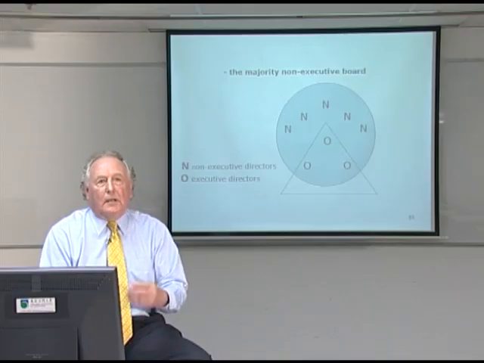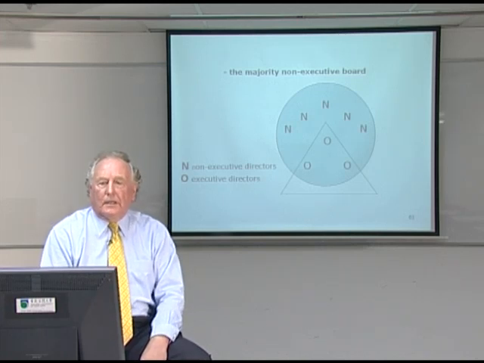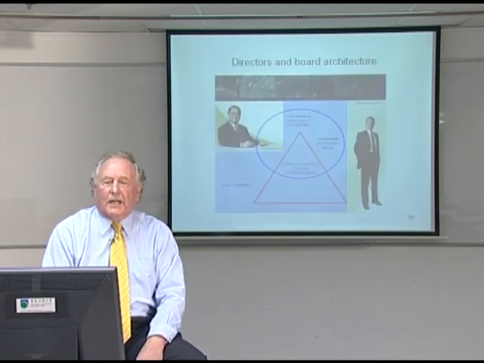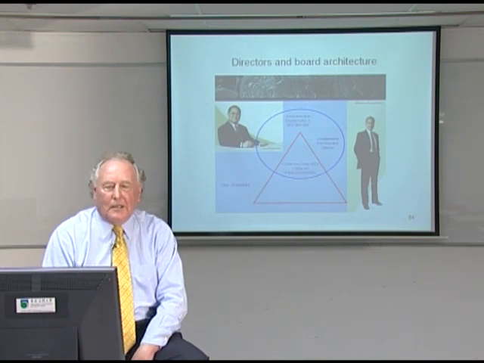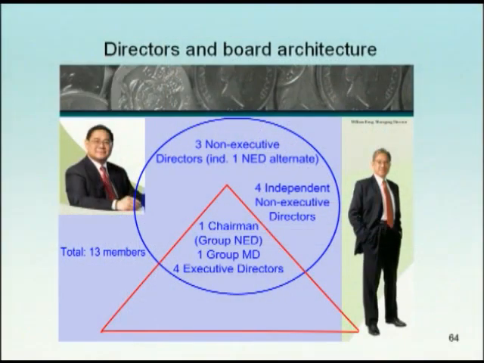Just to give you an example of such a board in Hong Kong, here is a case put together using the triangle and circle model, put together by some of my students, of the board of Lee and Funk. And there you see the 2 brothers who are prominent in this company. And the board consists of chairman, managing director, and 4 executive directors, all in the management hierarchy.